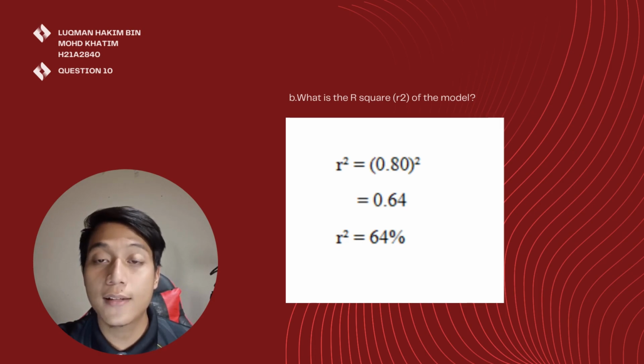After we get 0.64, we should multiply it by 100%, because the r square must be in percent. So the answer of the r square is 64%. That's all from me. Thank you.